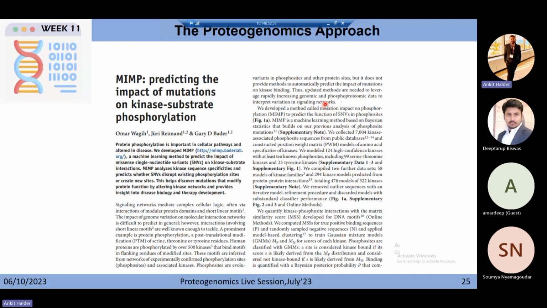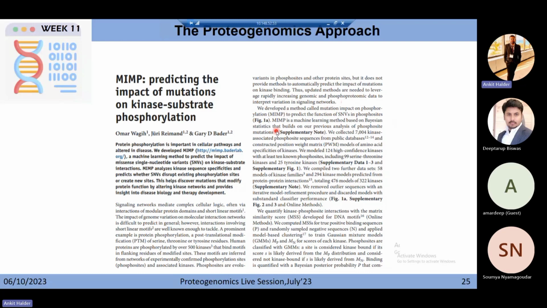This method is called MIMP, which stands for mutation impact on phosphorylation, to predict the function of SNVs in phosphosites. It is a method based on Bayesian statistics, again a machine learning based tool.